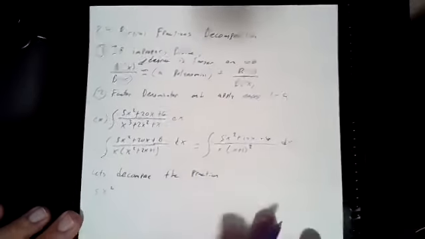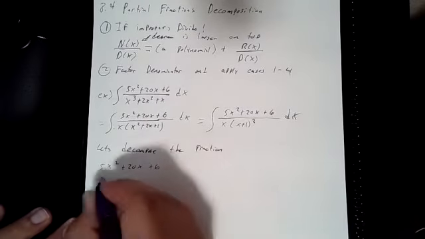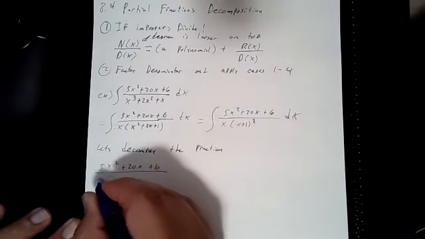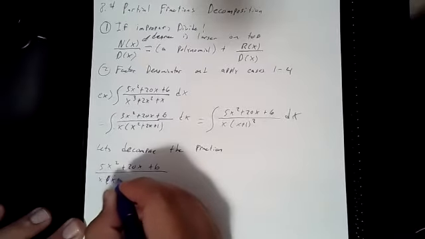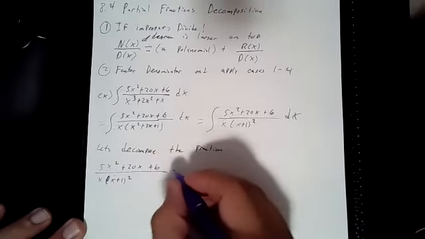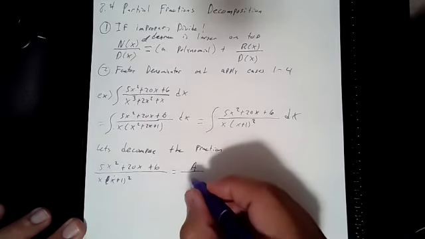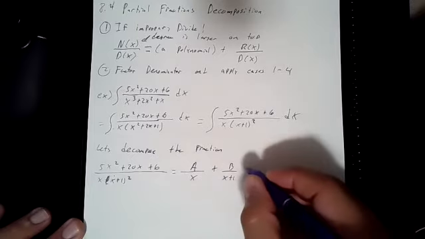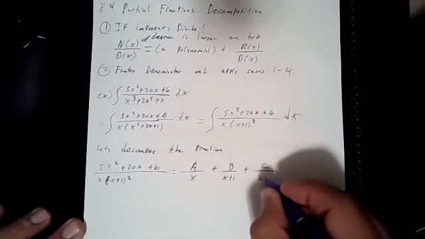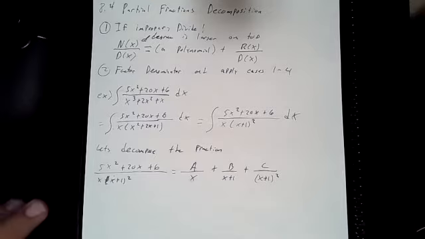So 5x squared plus 20x plus 6 over x times (x plus 1) squared will be equal to a over x plus b over x plus 1 plus c over (x plus 1) squared. Do your multiplication, right?